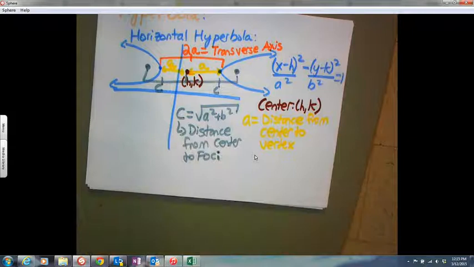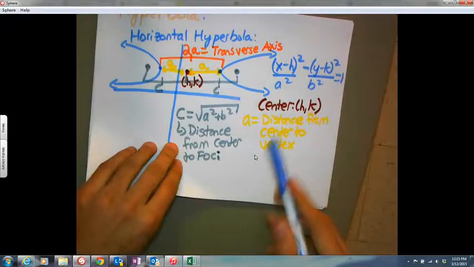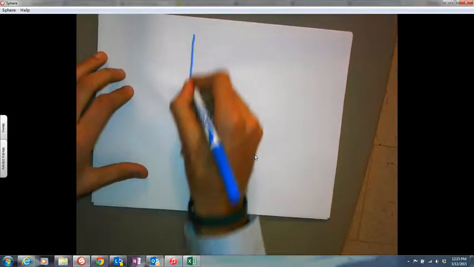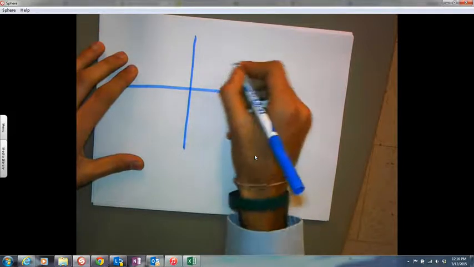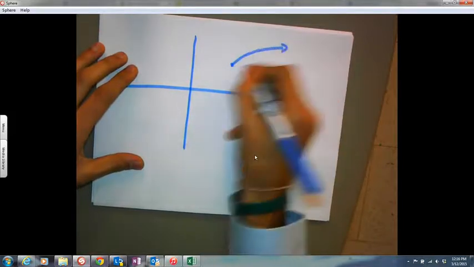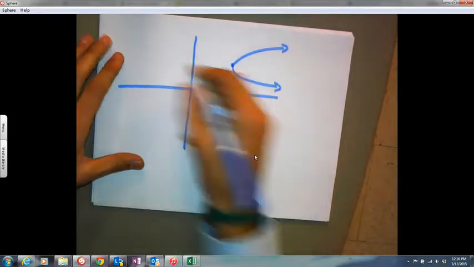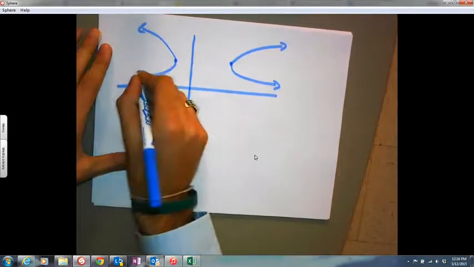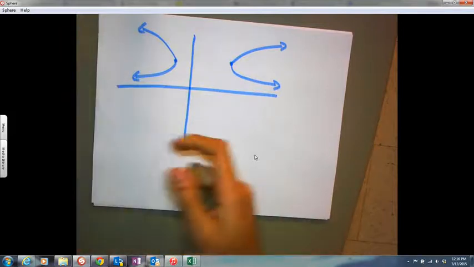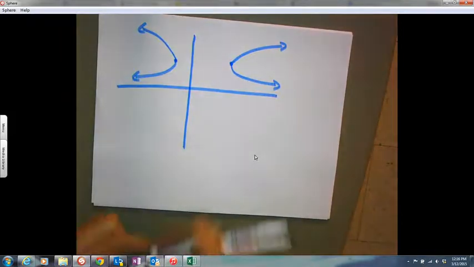I'm going to label three new things. So again, we have the center in here.